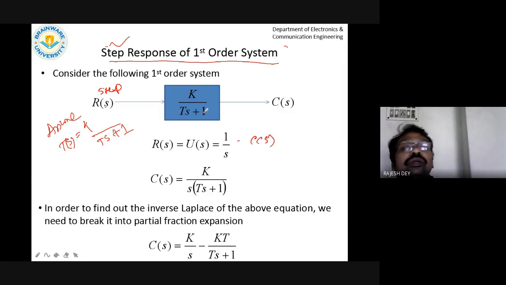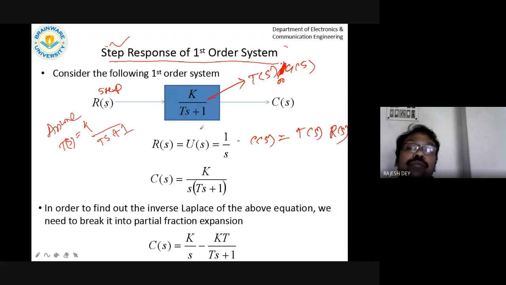C(s) equal to the transfer function of the system, T(s) into R(s). T(s) is already in the Laplace domain, K by Ts plus 1, and R(s) is 1 by s.